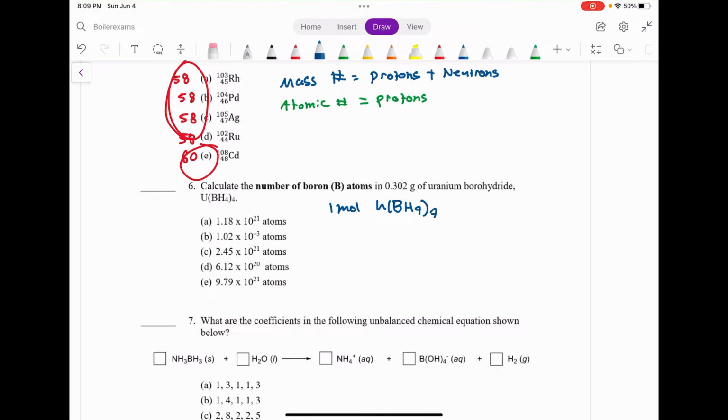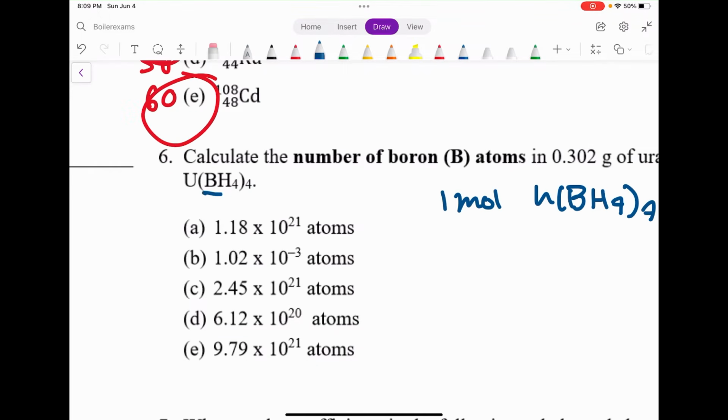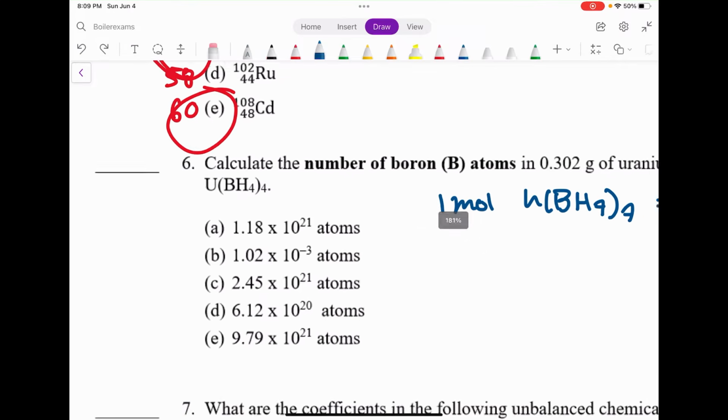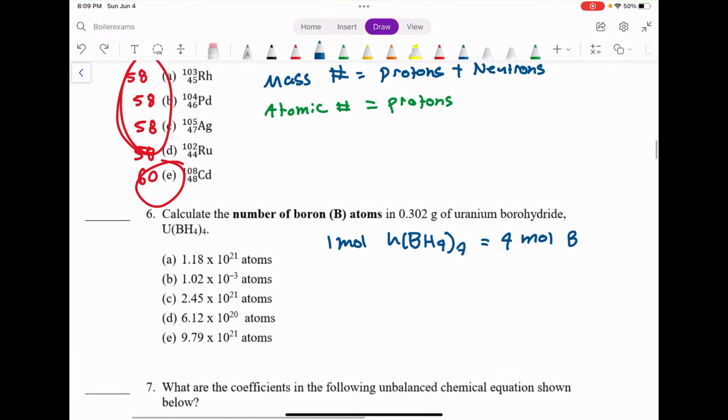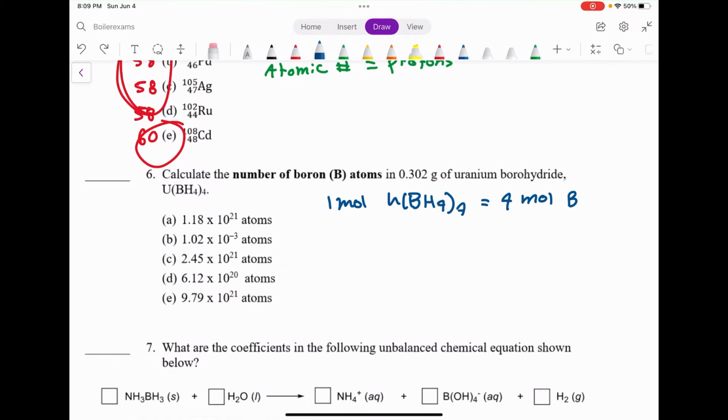I know that because there's 4 of these groups. There's a 4 right here. Okay. Let's first get the molecular weight of uranium borohydride to figure out how many moles we have.